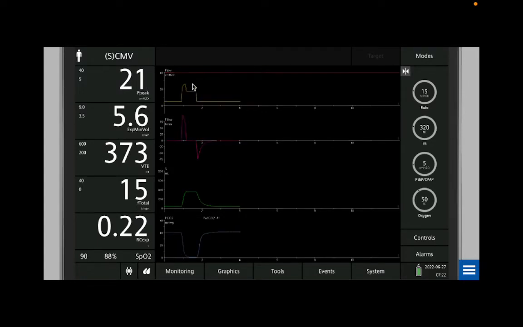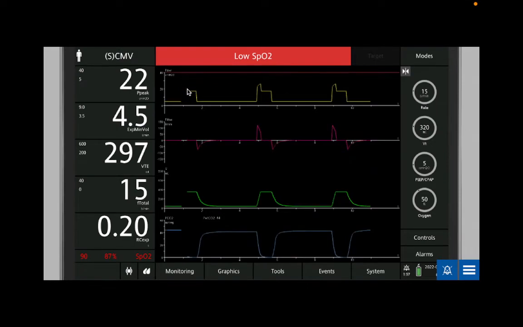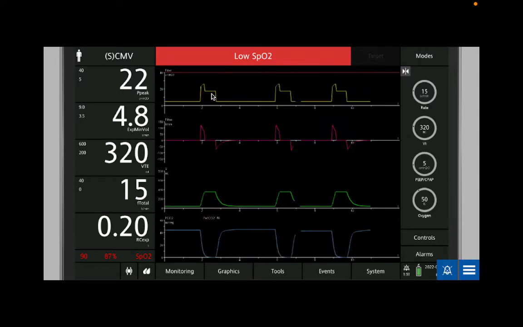So notice here we have a high pressure and our patient is desaturating. All right, I don't really care. We're going to ignore the desaturation right now. So we have a high pressure and then it kind of comes to a plateau. You see that? So we call this the peak pressure. This would be the plateau.